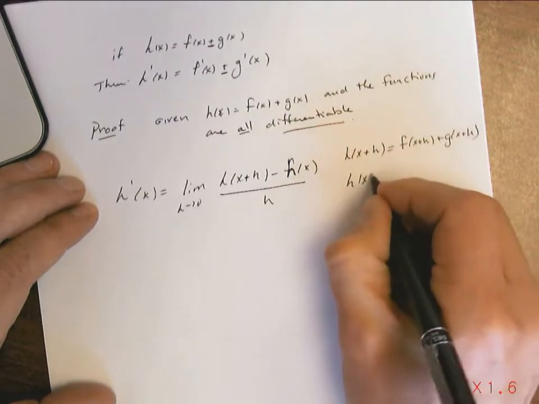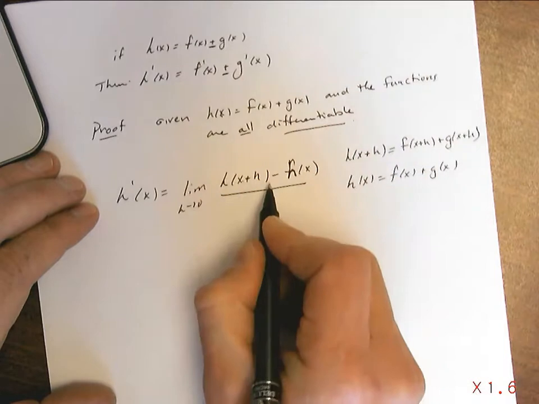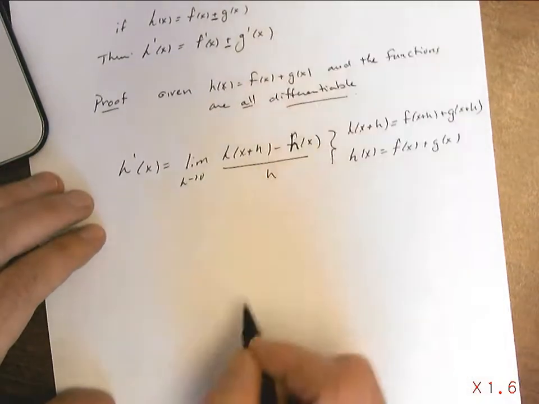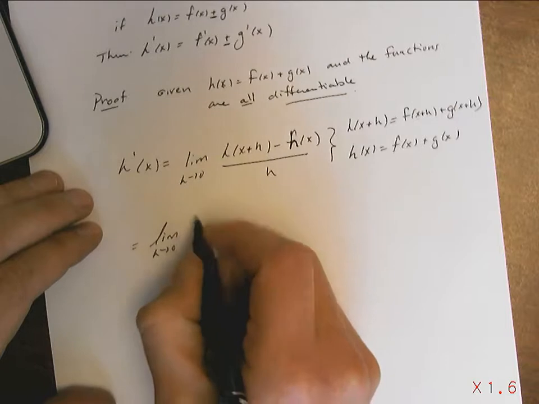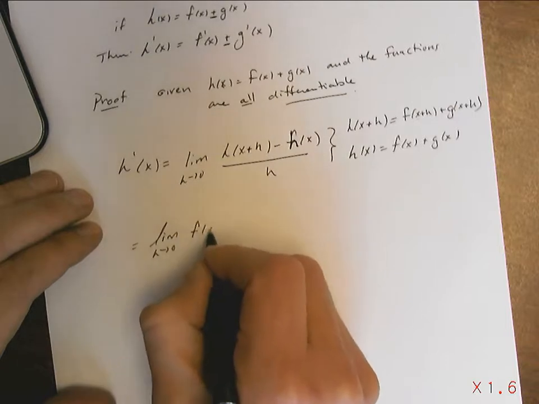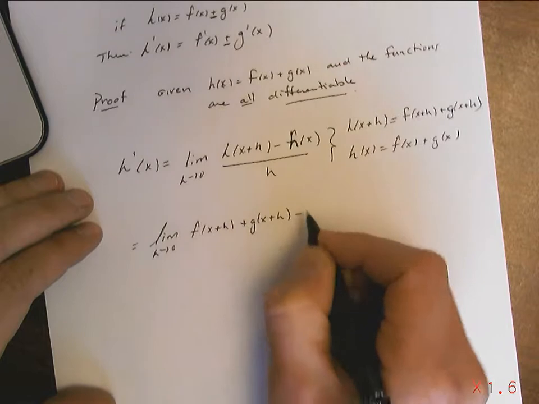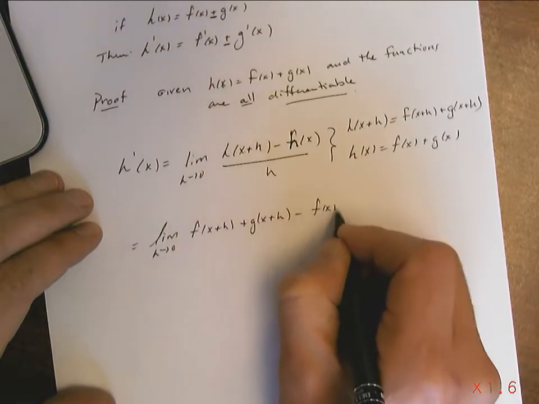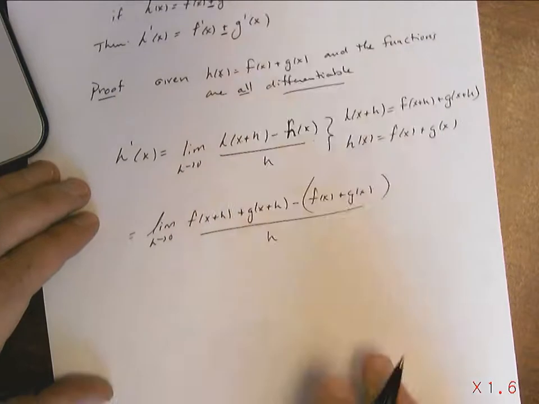And h of x is simply f of x plus g of x. So plugging them back into here, we're going to get the limit as h approaches 0 of f of x plus h plus g of x plus h minus f of x plus g of x, brackets are a good thing, over top of h.